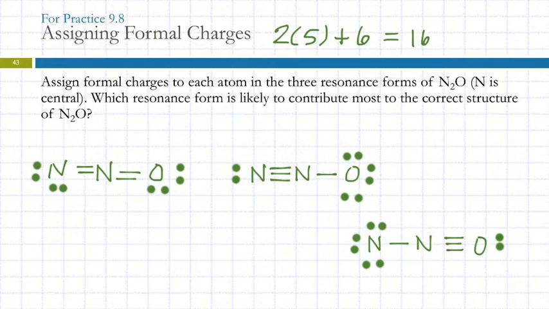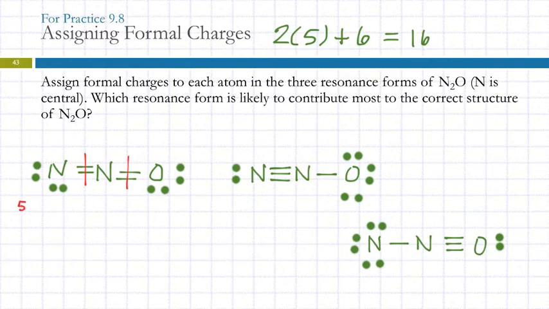So doing formal charges, you mentally cut those bonds in half, and then look at how many the atom came with, how many it leaves with. Nitrogen, we know from its position in the periodic table, has 5 valence electrons.